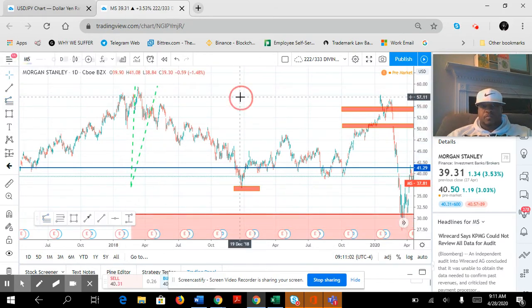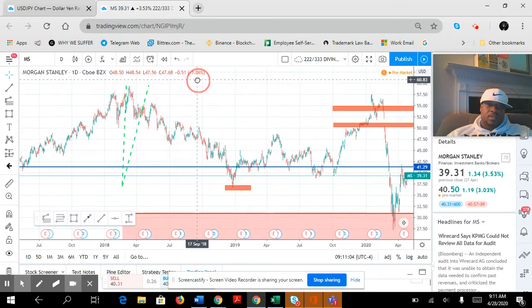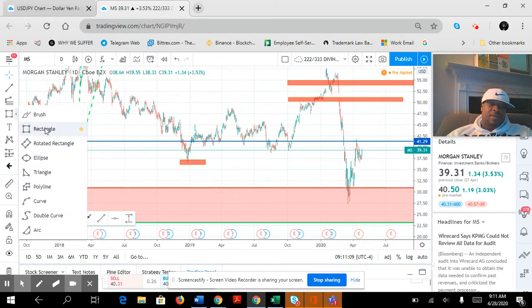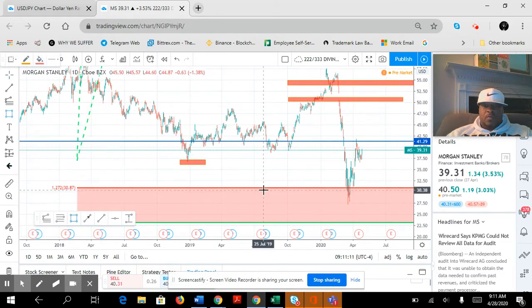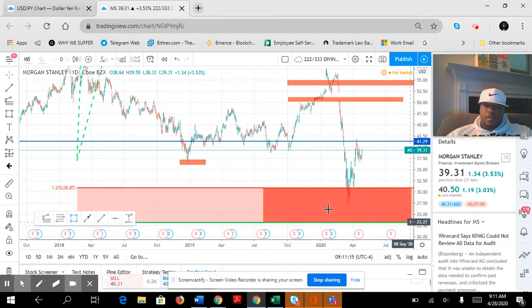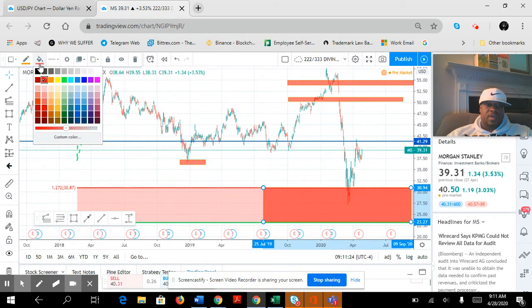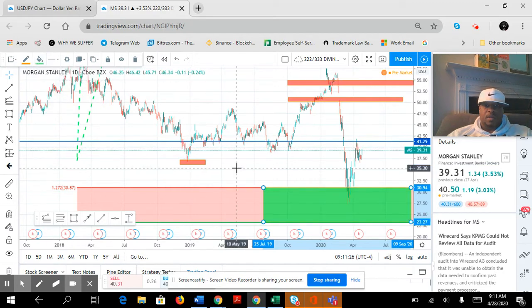Click. All right. Then we're going to take our rectangle tool over here, and we'll just draw a box down here, and we'll change the color of the box to green. It represents taking profit, money.